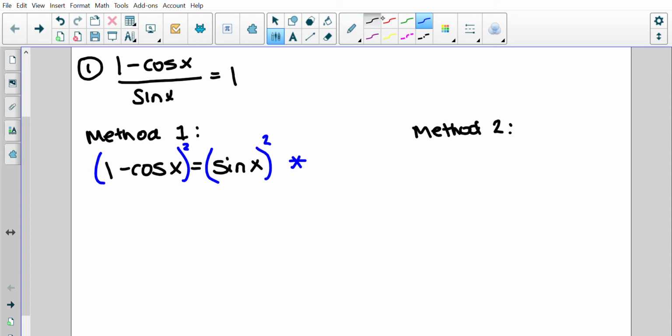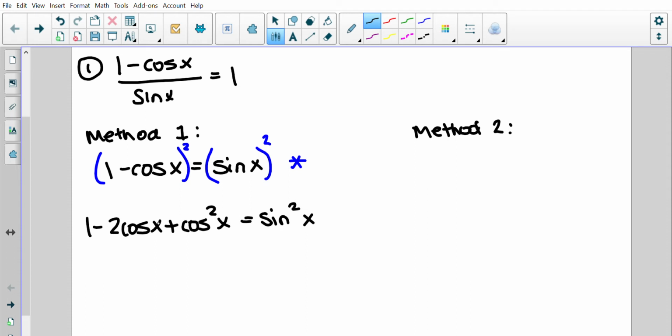So I'm going to just FOIL the left side out. So we would get 1 minus 2 cosine x plus cosine squared x equals sine squared x. And then the idea here is that because of this cosine x, again, there's no real identity for that, right?